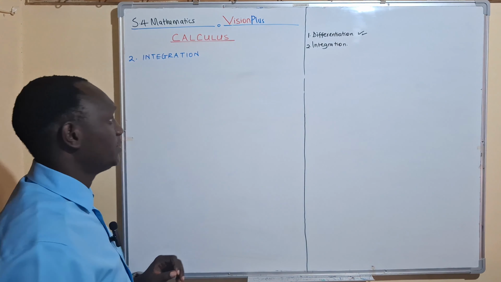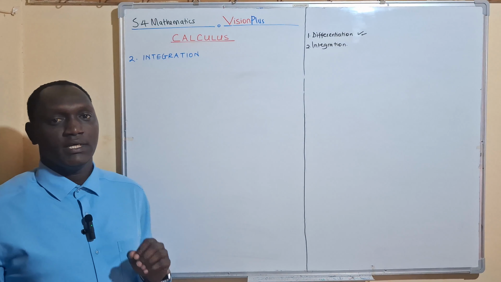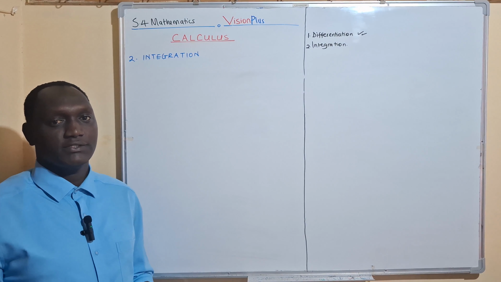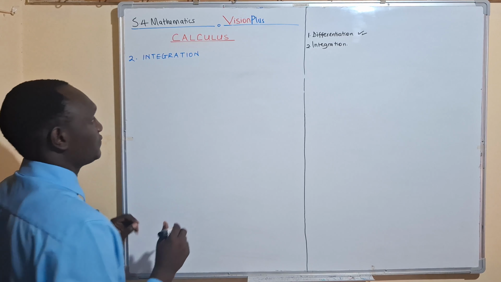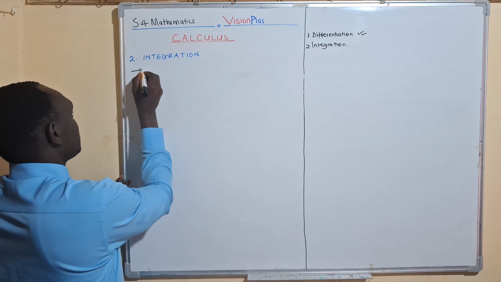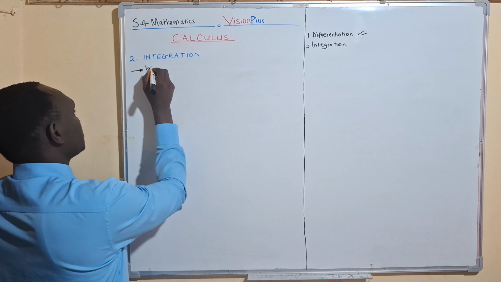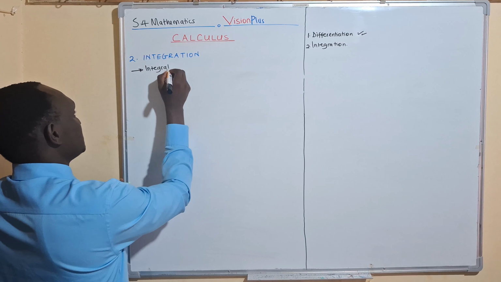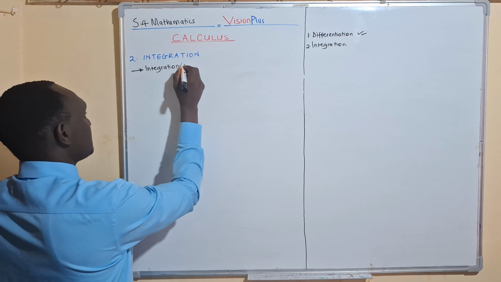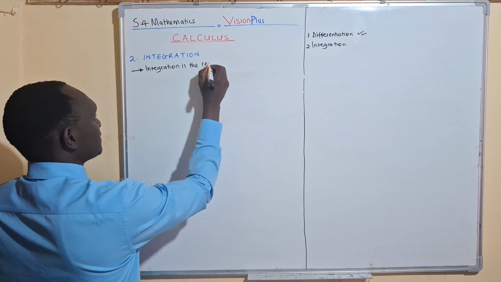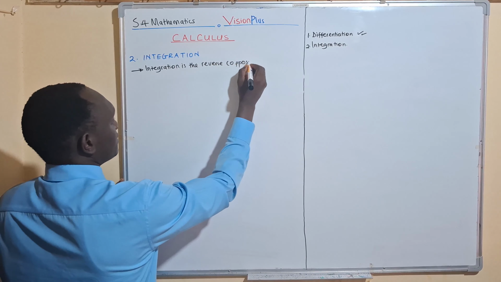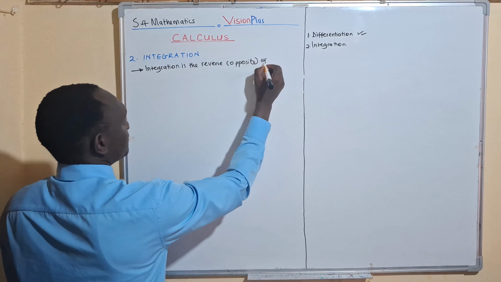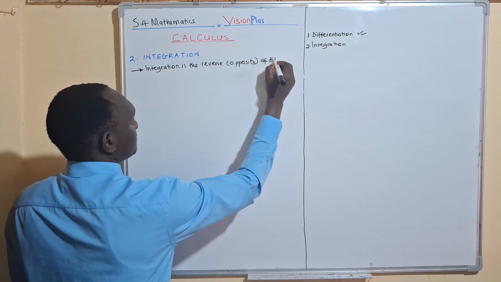So, by definition, what is integration? Integration is the reverse of differentiation. In other words, integration is the opposite of differentiation. So the introduction is what we are saying: integration is the reverse or opposite of differentiation.